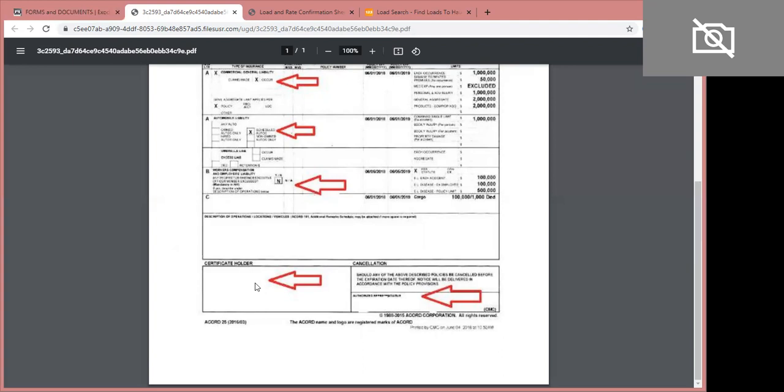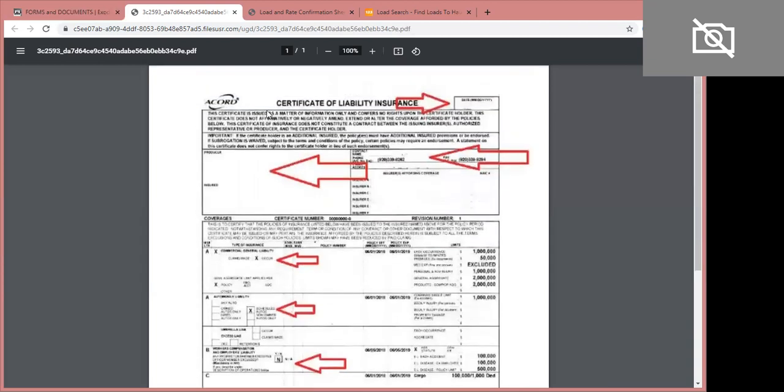So it looks more professional that a certificate of insurance with that particular broker's information on it as a certificate holder is coming directly from an insurance company of the carrier, wouldn't that look more professional as opposed to it coming from a dispatcher? Yeah, definitely. Okay, so that's what I instruct my students to do. And the agent has no problem. They'll CC you when they send it directly to the broker.